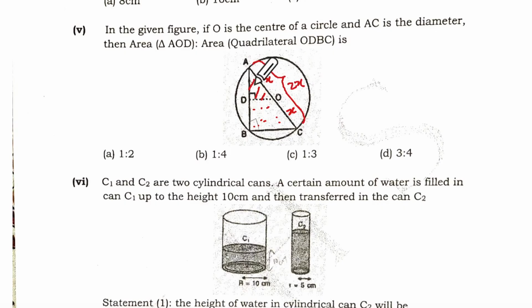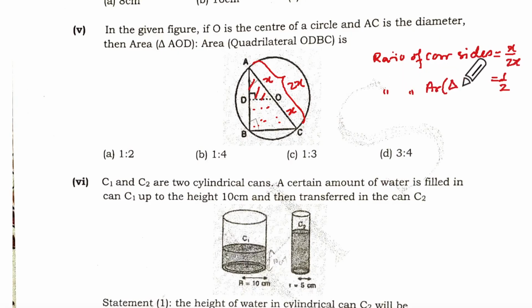So the ratio of corresponding sides is going to be equal to x upon 2x, which means 1 upon 2. So ratio of areas of triangles will be the square of this, which will be 1 upon 4, correct?